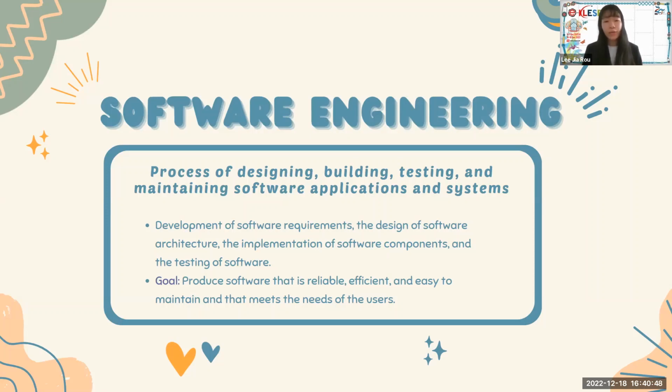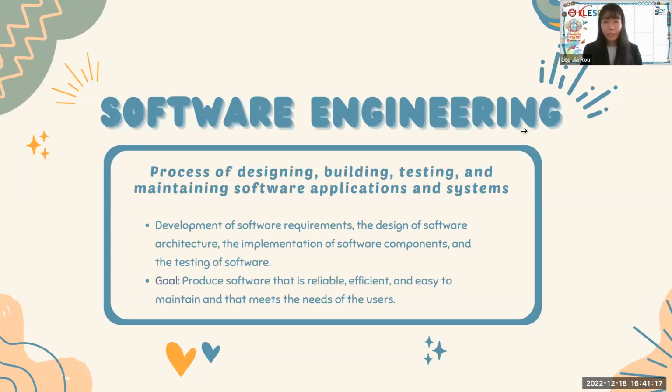It also helps ensure that the software is reliable, scalable, and flexible enough to handle changing requirements and environments. So the goal of software engineering is to produce software that is reliable, efficient, easier to maintain, and that meets the needs of the users.